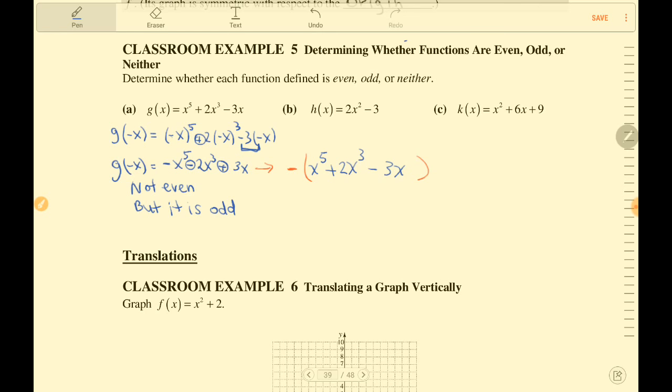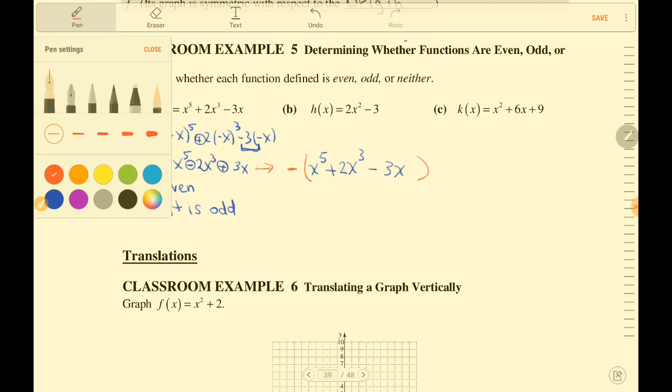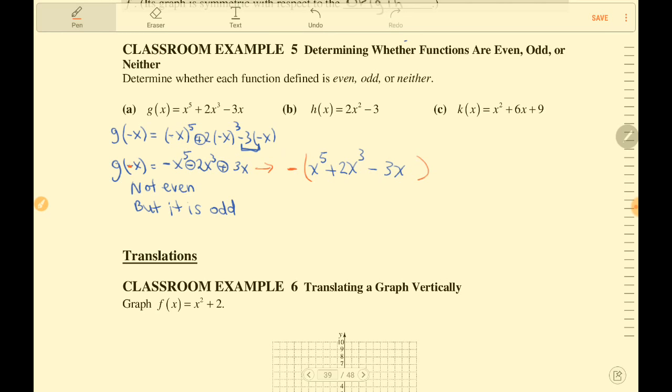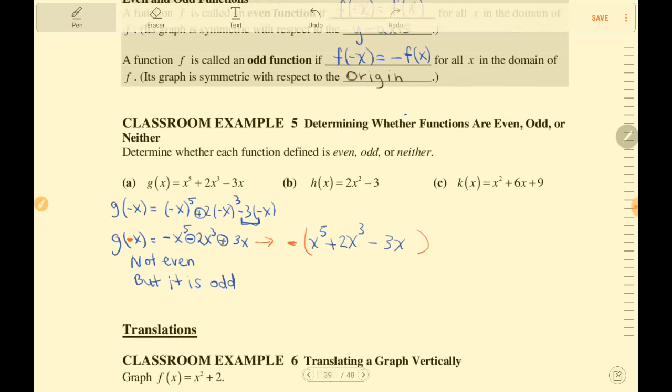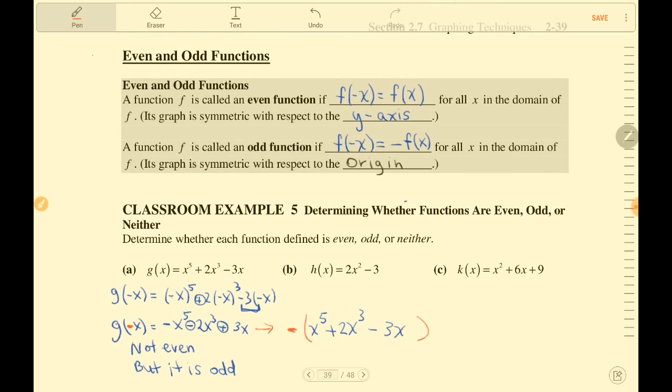So literally, my g of negative x results in the original g of x with a negative out front, which is exactly what we said had to be true. If you plug in a negative x, then you have the same function value except the whole thing is negative. Or in other words, every single term is the opposite sign.